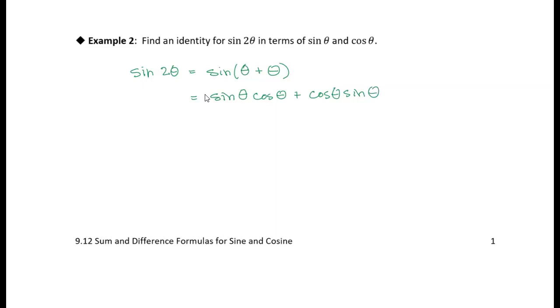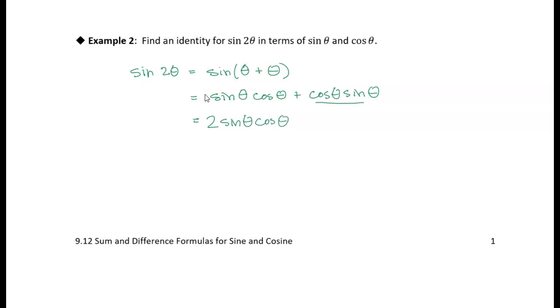Okay, so instead of phi, we got theta. All right, now if you look at those, multiplication is commutative. Okay, so I could rewrite this one over here as sine theta, cosine theta, right? And then I have 2 sine theta, cosine theta.